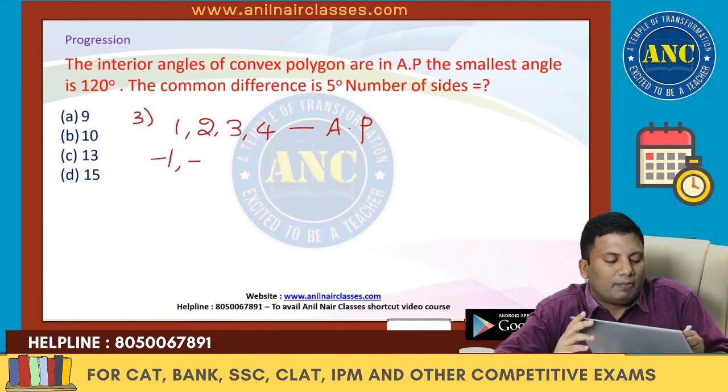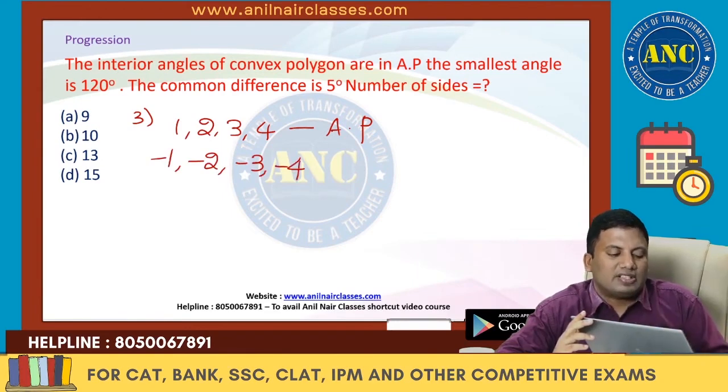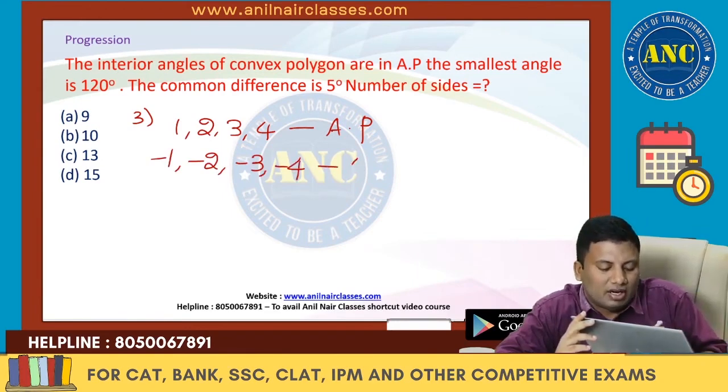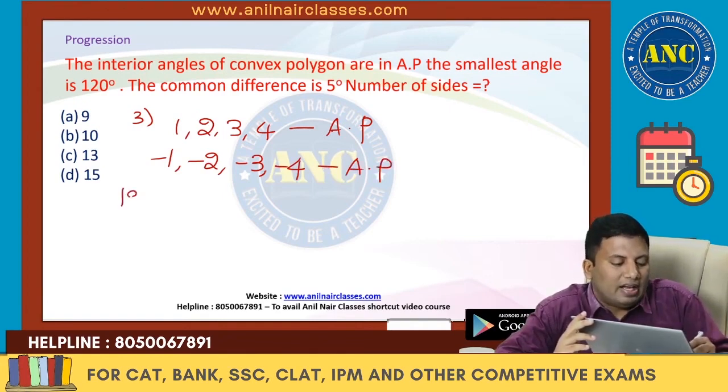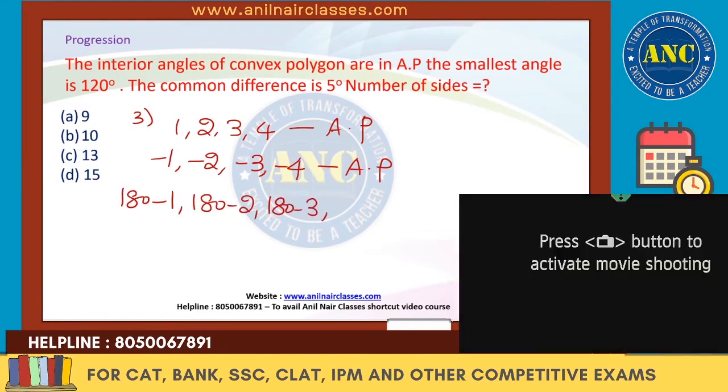If I put a minus sign, still the difference is constant, which is minus 1, the series will be in AP. If I add a value, 180 minus 1, 180 minus 2, 180 minus 3, 180 minus 4, again the series will be in AP. I hope it is clear.